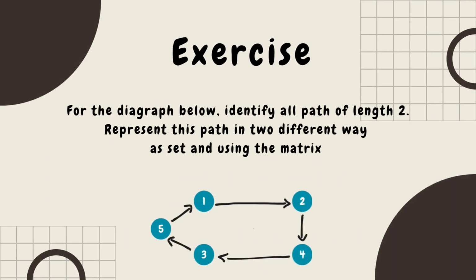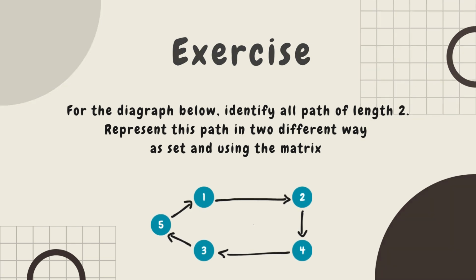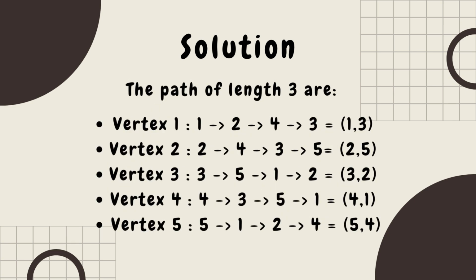Let's take a closer look at the exercise. The solution for the path of length 2 is as follows. Meanwhile, the result for the path of length 3 is as shown.